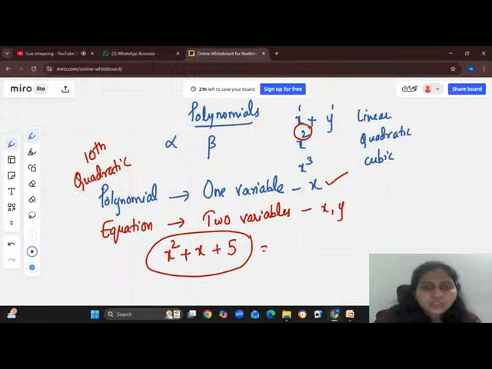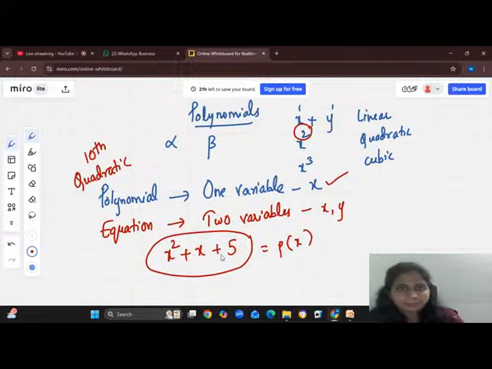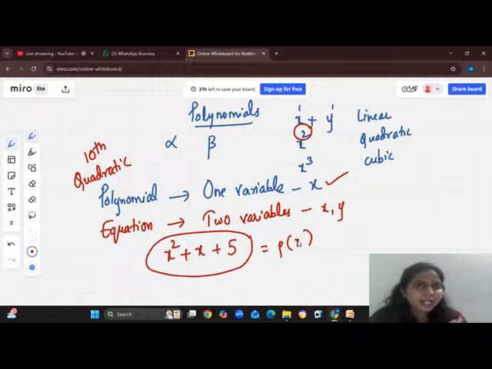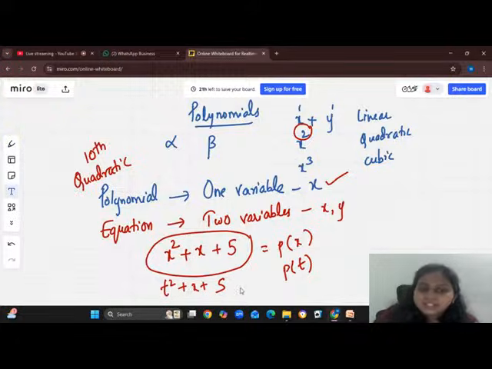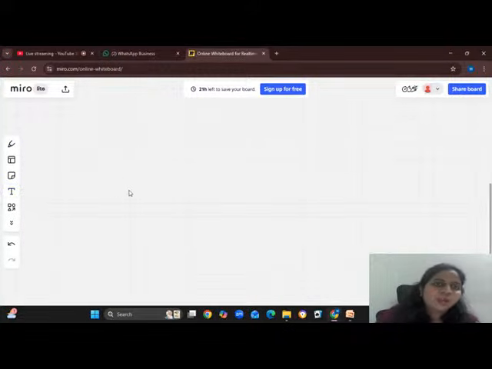So we denote it with the term p of x. We call it polynomial p because it has only one variable x. So I have written x in the bracket. Sometimes they might ask you p of t. Then you have to write t square plus t plus 5, like this. So this is a polynomial.